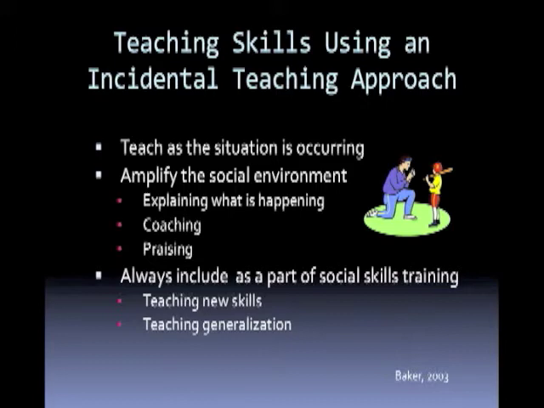And we can use visual rules to be able to do this, but we can do it in the construct of using an incidental teaching approach. And so incidental teaching is considered an effective practice according to the National Standards Project. So we're going to use our strategy in a way that is known to be effective.